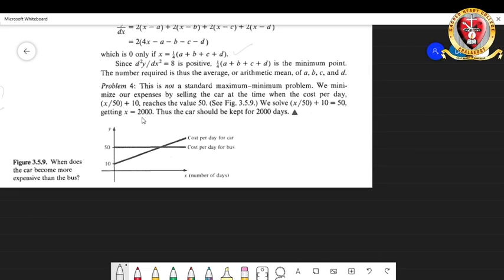So we solve x by 50 plus 10 is equal to 50. That will mean x is equal to 2000. So we will keep the car till 2000 days, and then on day 2001 we will sell the car and move on to using the bus. So that cannot be called a standard maximum minimum problem, but a workout in a similar area.